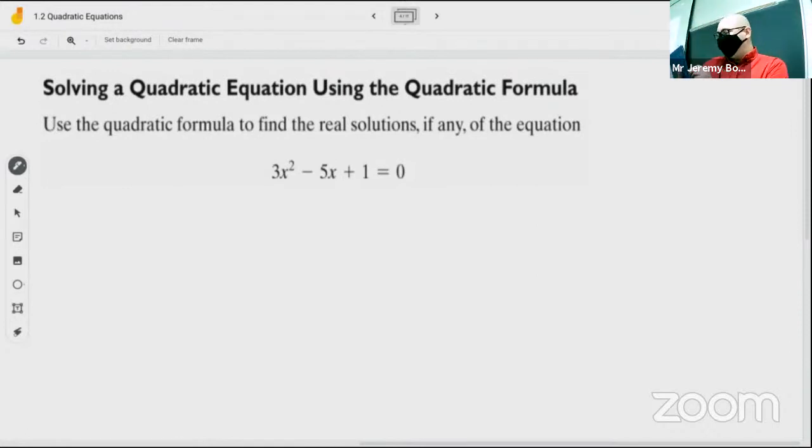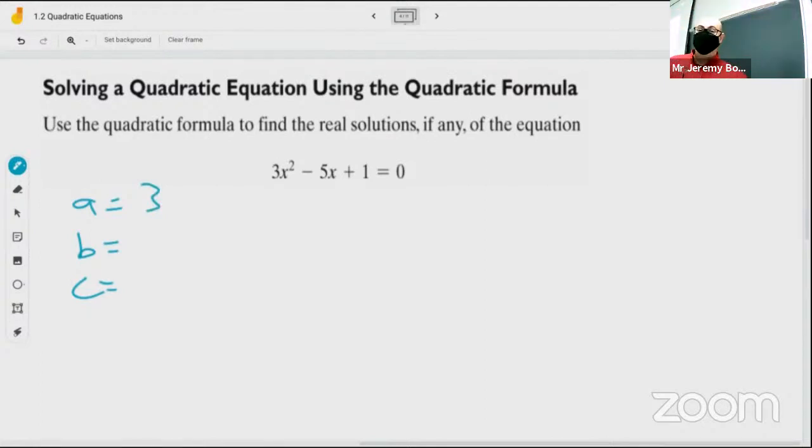So the first thing we're going to do is label our variables. Remember, we've got a, b, and c. The a term is the coefficient on the squared variable, so that's going to be 3.